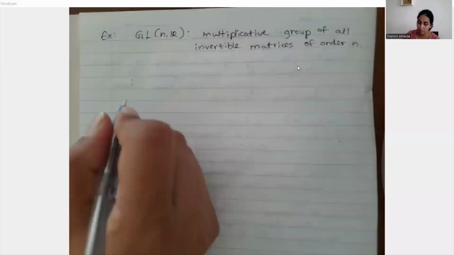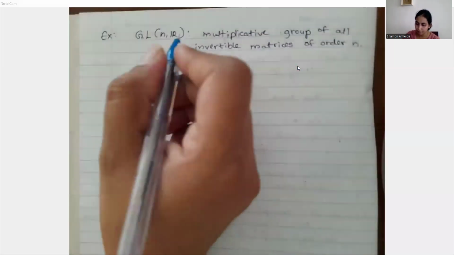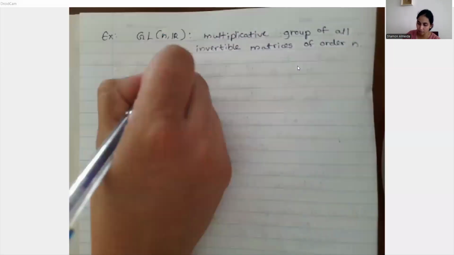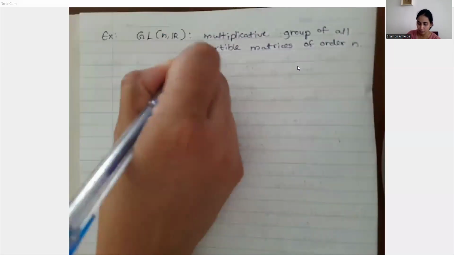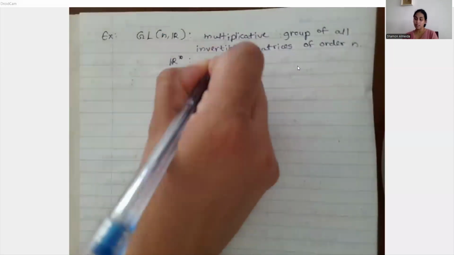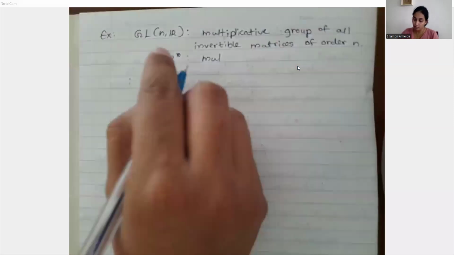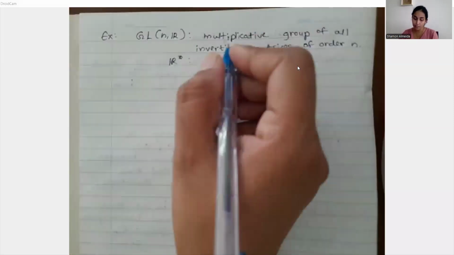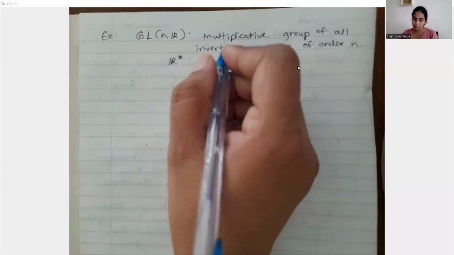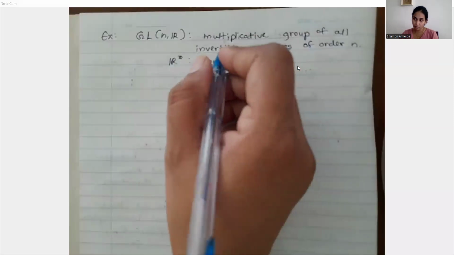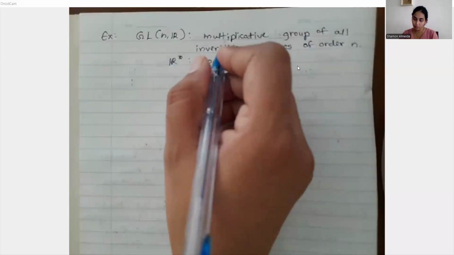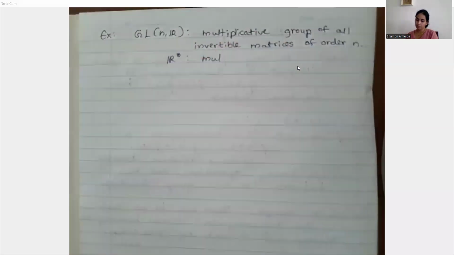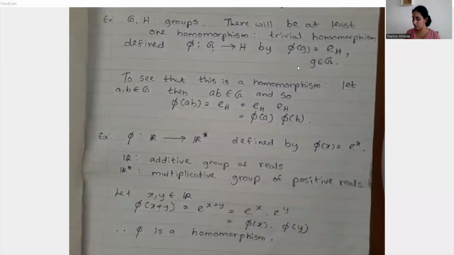Then we'll take the same group that we had in the previous example, the multiplicative group of positive reals.